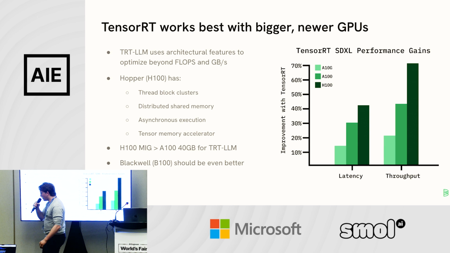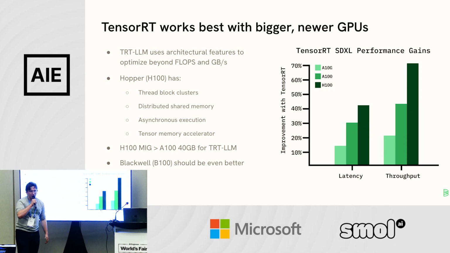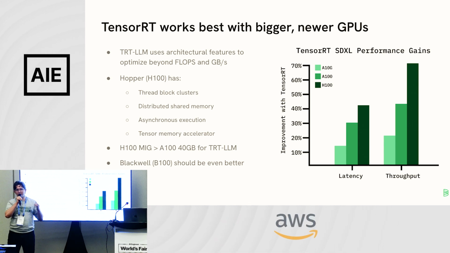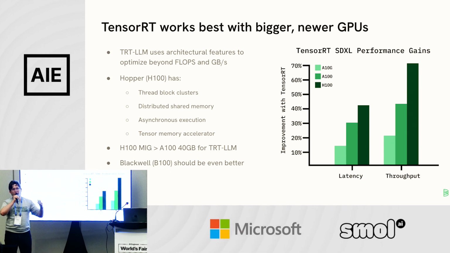What's cool about TensorRT and hardware support is that it works better with newer GPUs. When you move from an A100 to an H100 and you're using TensorRT or TensorRT-LLM, you're not just getting the linear increase in performance that you'd expect from having more flops and more gigabytes per second of GPU bandwidth.